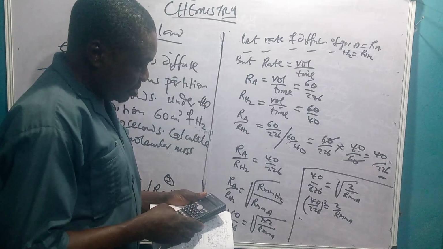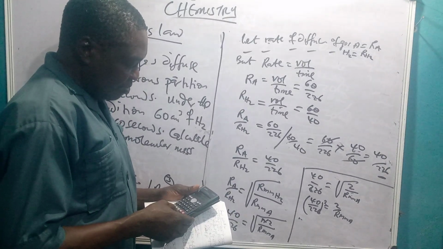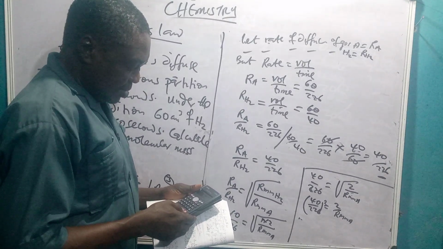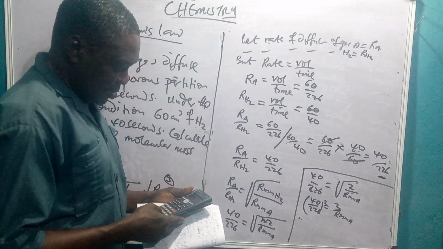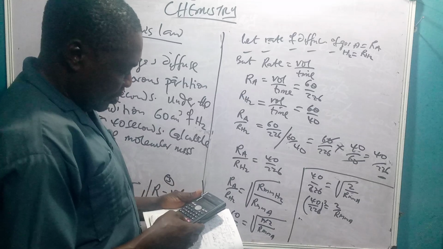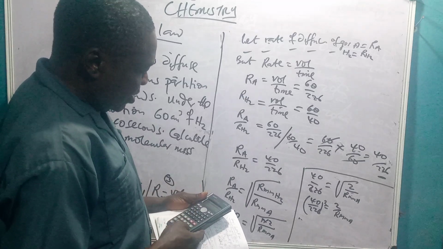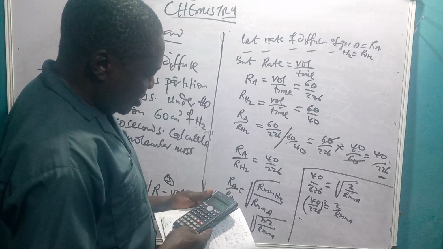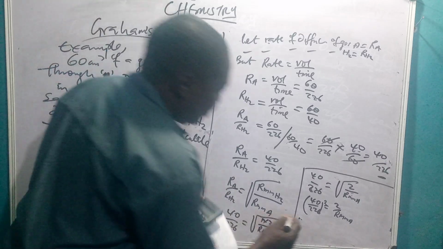Now, 40 divided by 226, squared, will give you 0.0313, approximately.